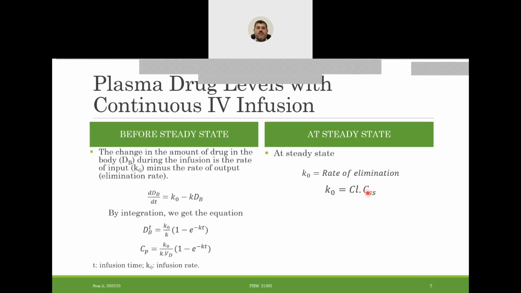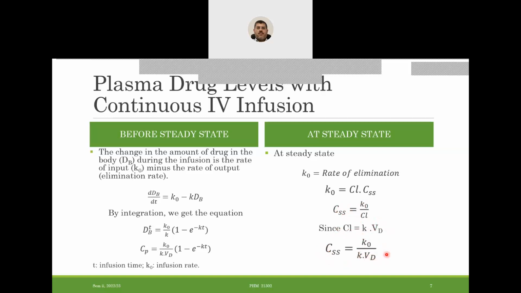This is CPSS, concentration in plasma at steady state. Or you can say, if you remember, clearance is KE times the volume of distribution. So we can say that CSS can be equal to K0 divided by K times Vd.